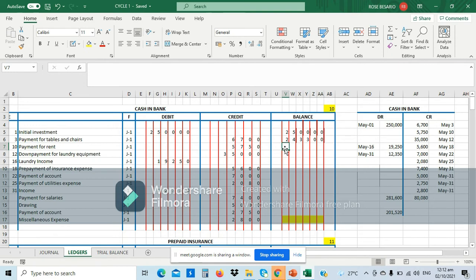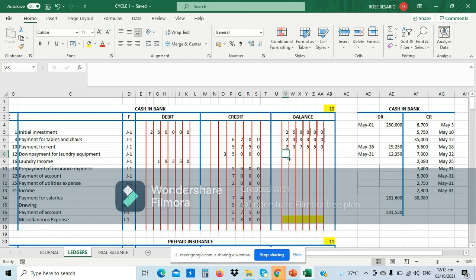Okay, and then minus 5,750. So this is equal to 237,550. And then minus 35,000.